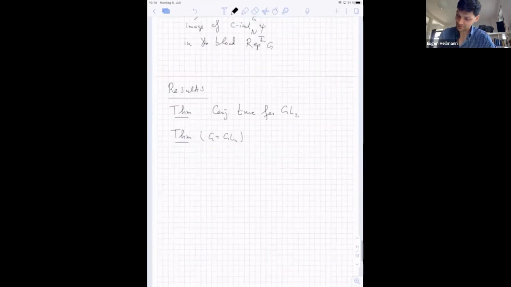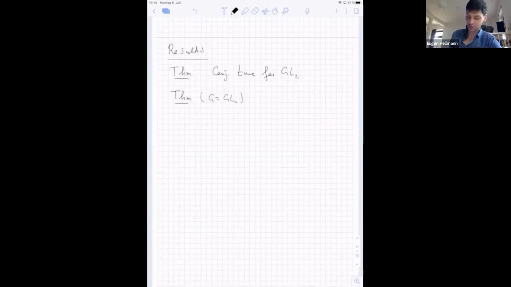And there, let me give the following formulation of a result. There exists some candidate for this functor RG, which you can write.